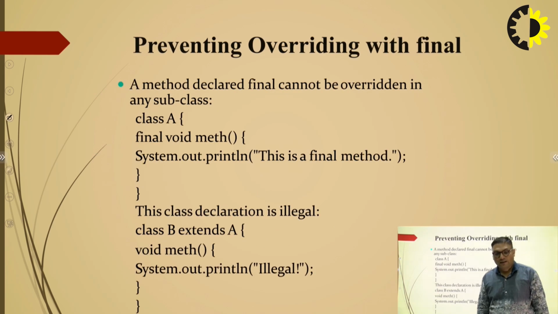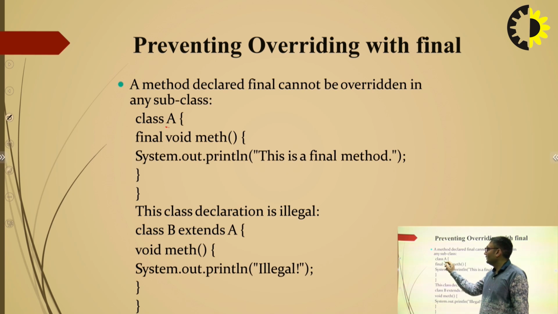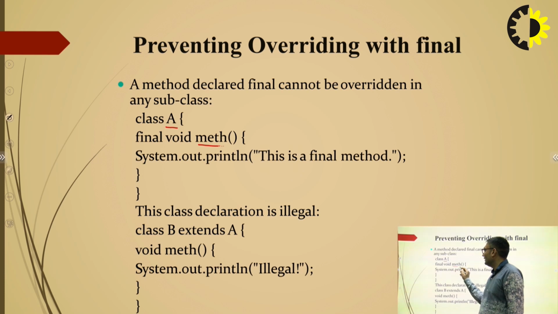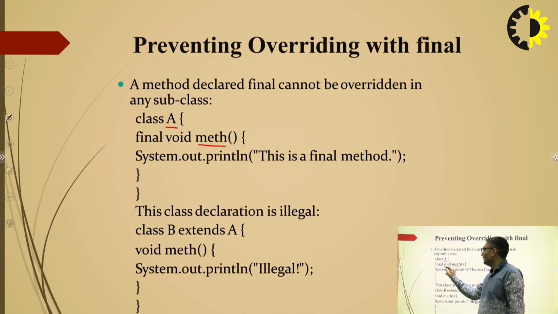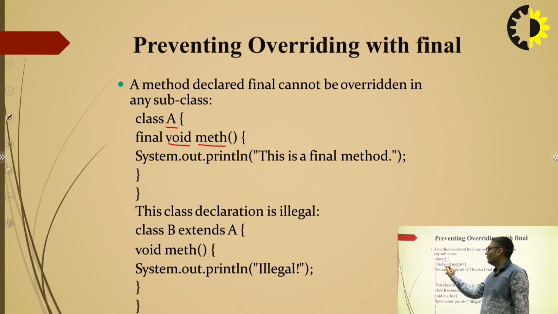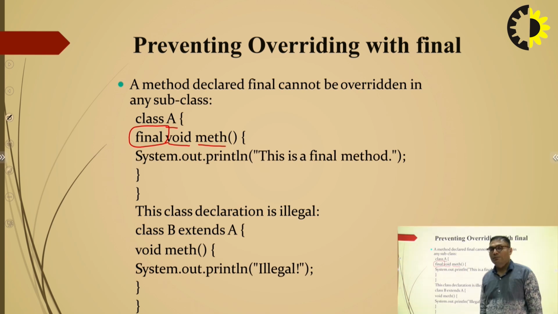So let's see how it helps to prevent overriding. Let's say an example. There is a class A, and I am defining a method named meth, and this method doesn't have any return value, so its return type is void, and I'm applying the final keyword before the name of the method. What it means is, if final is applied before the method, then this method is a final method.